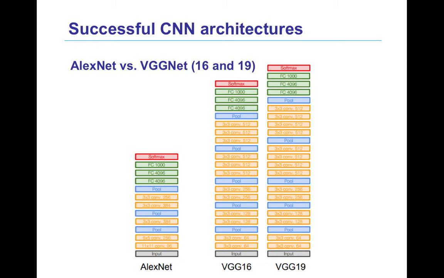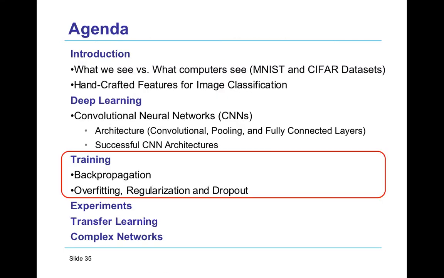There are two versions of the VGGNet. The 16 and 19 are basically the number of layers in each one, but it's a nice comparison with the AlexNet that we saw previously and the other ones. You can see that they keep growing, right? The first LeNet 5 was just 5, then AlexNet has more, and now VGG has more. Those are the most common ones.